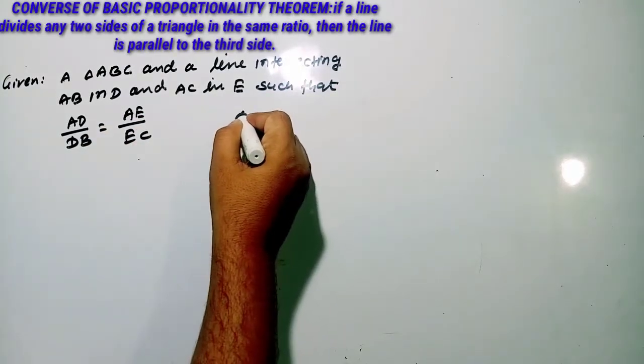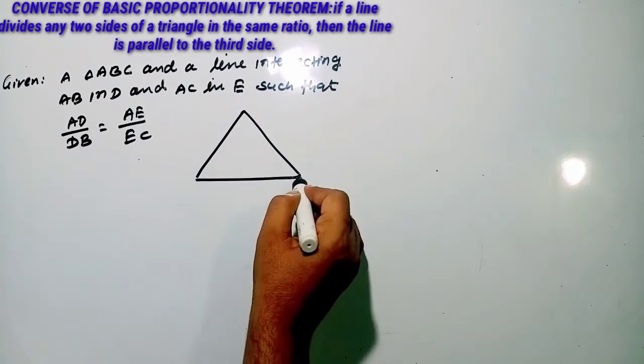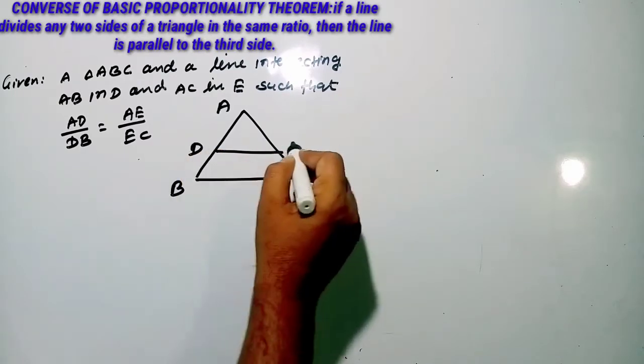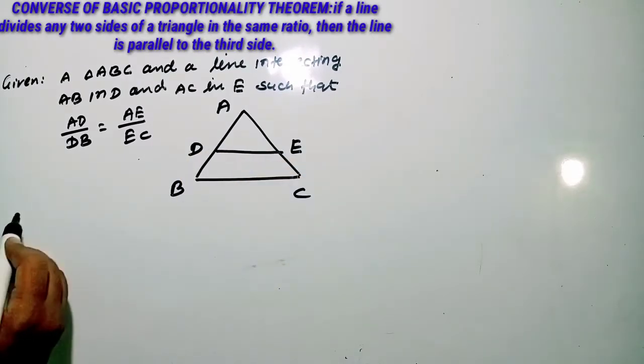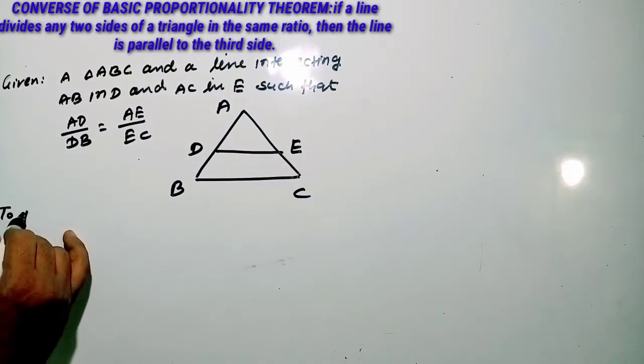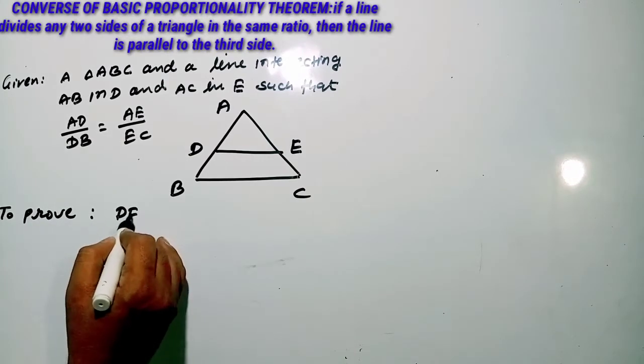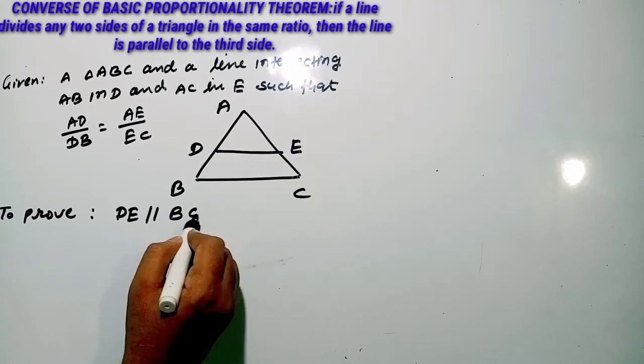This is given, right? ABC are the vertices of the triangle. We have to prove that DE is parallel to BC. What we have to prove? That DE is parallel to BC.